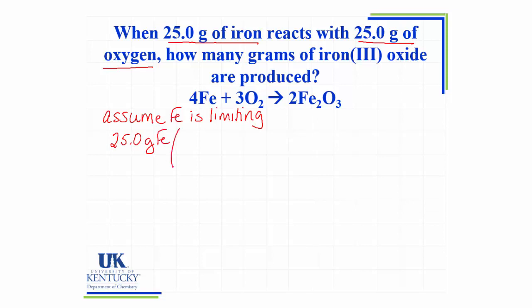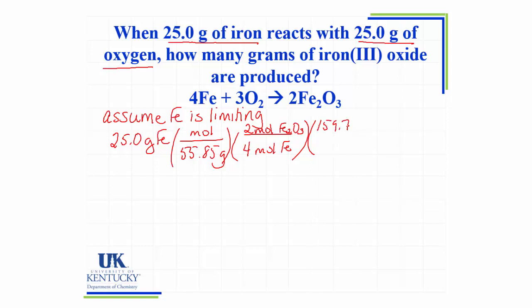So we have our grams and want to convert to moles. The molar mass of iron is 55.85 grams per mole. We know that for 4 moles of iron, we get 2 moles of Fe2O3. Then we can find the mass of Fe2O3 using its molar mass, which is 159.7 grams per mole.